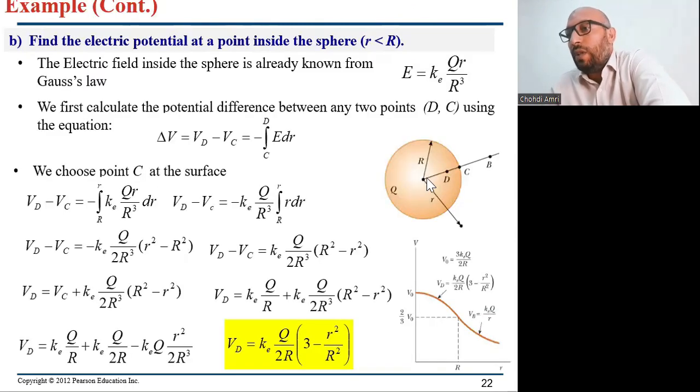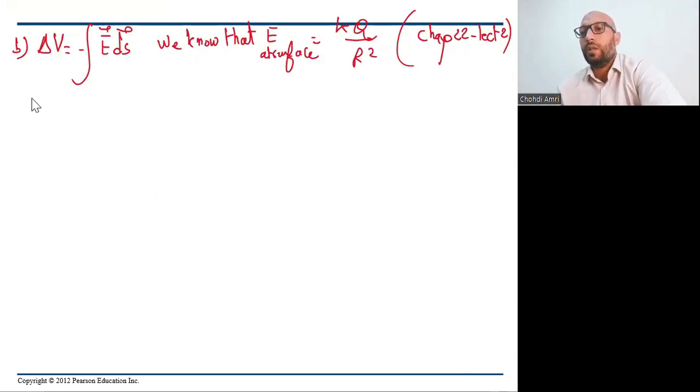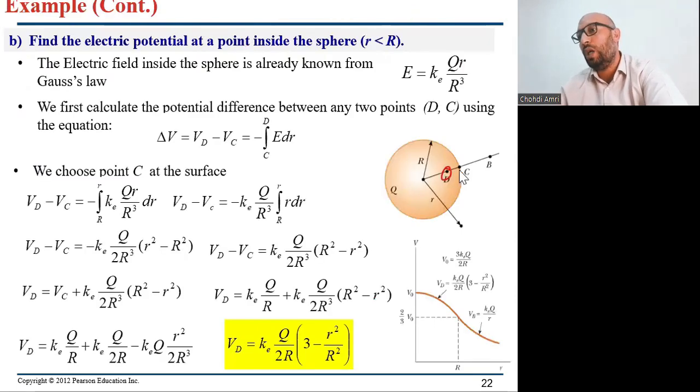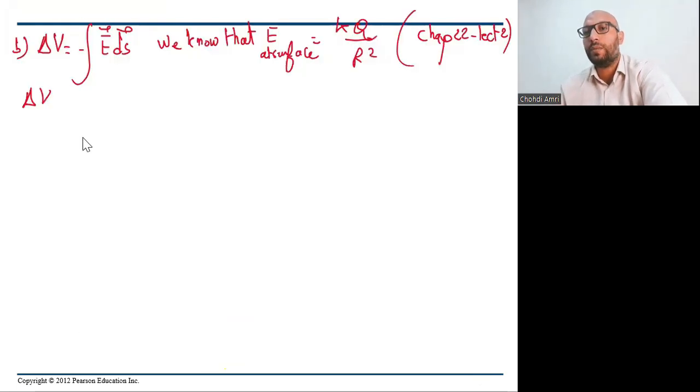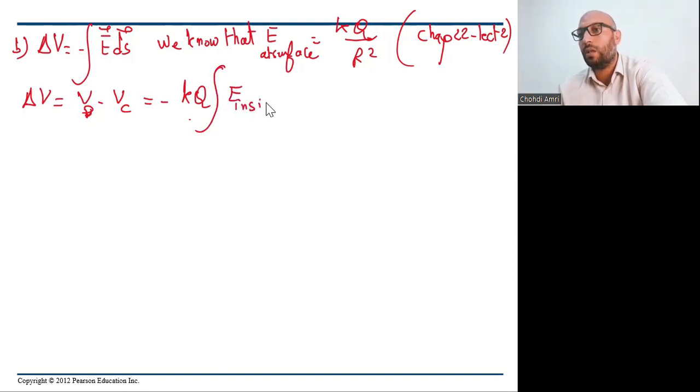So if we want to calculate the electric potential inside, for example at the point D, we get the difference between the electric potential at the center and the point D. So we will write delta V between a point on the surface and the point inside equal VD inside minus VC on the surface, which is equal to minus the integral of E inside dr, because we said that the electric field is radial.